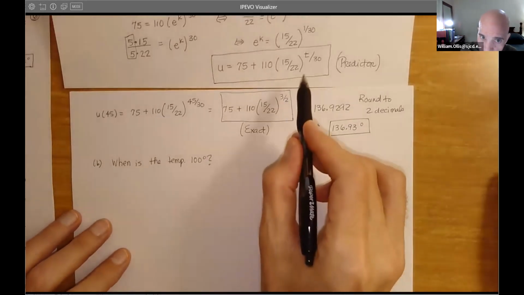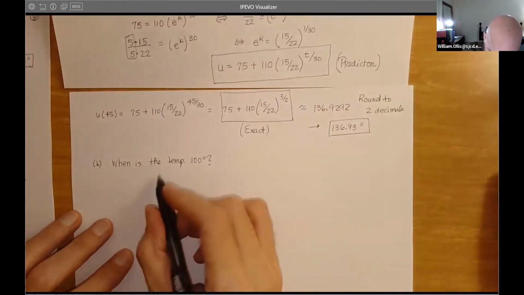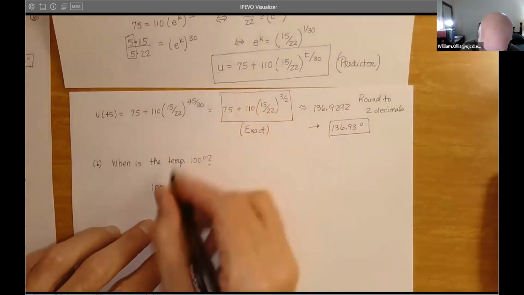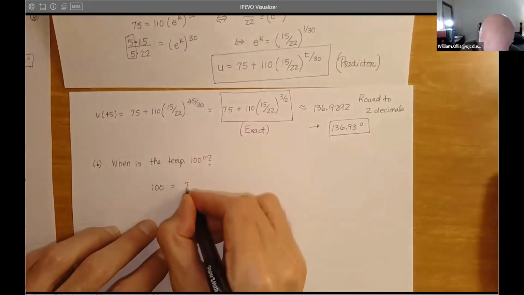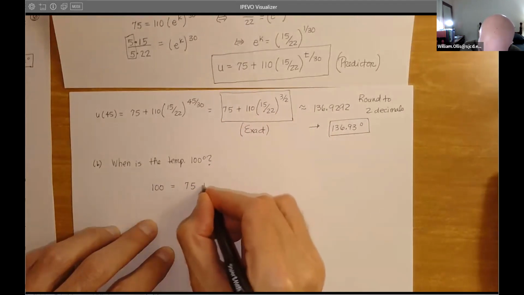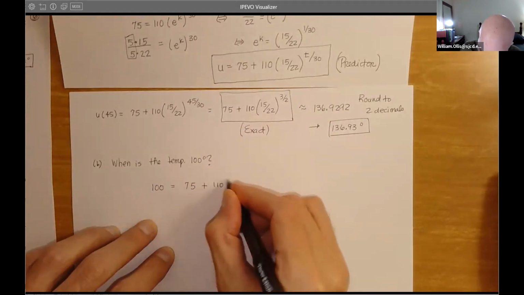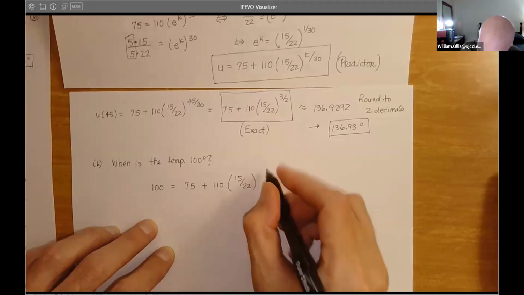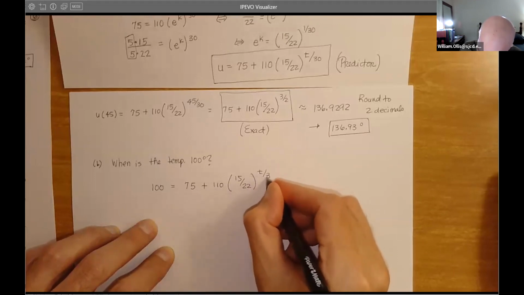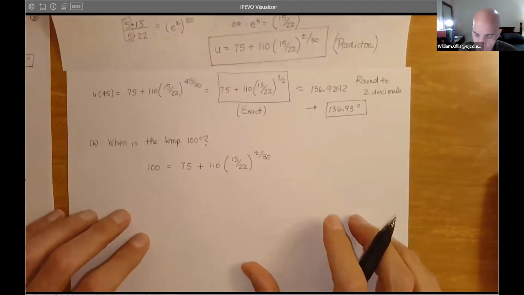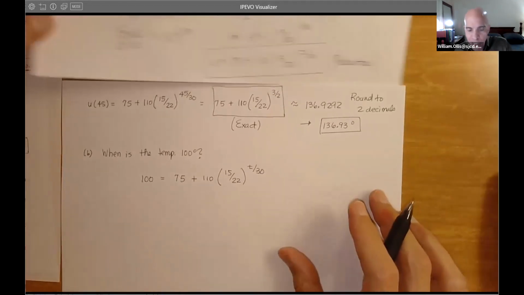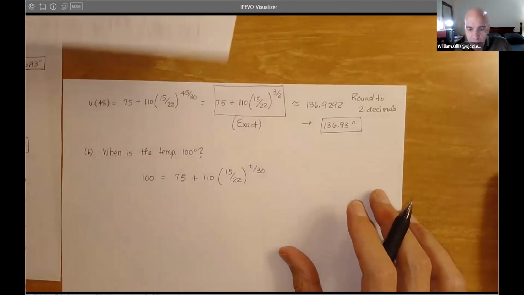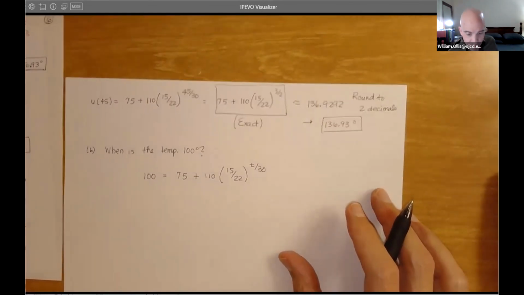So now we take our predictor and we say, okay, 100 is the goal temperature, and we replace U with 100 and do the backwards problem. So 75 plus 110 times (15/22)^(t/30). Now you see why I spent all that time solving the equations.